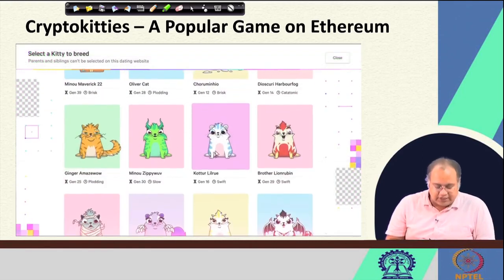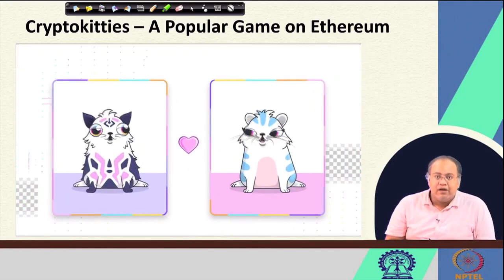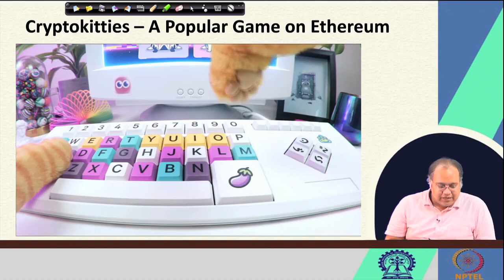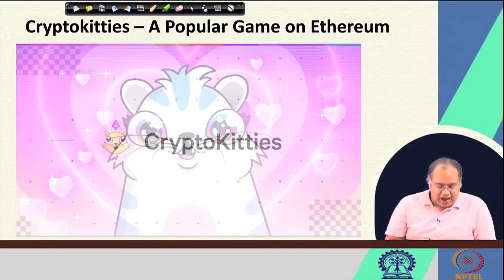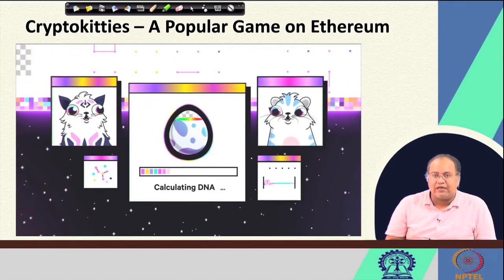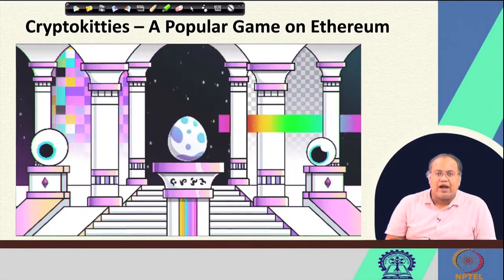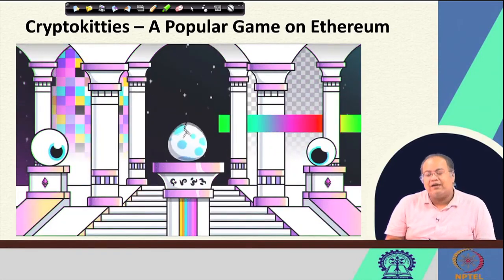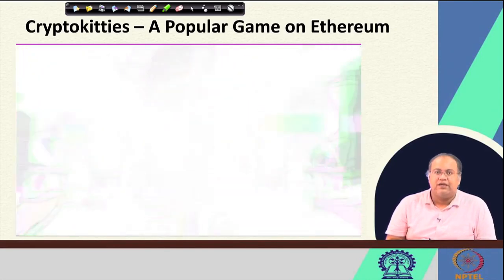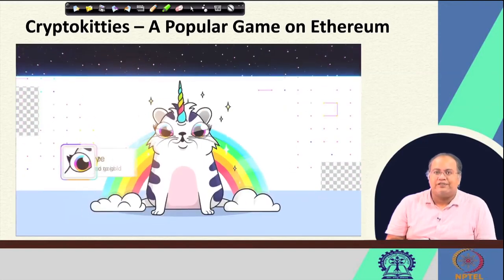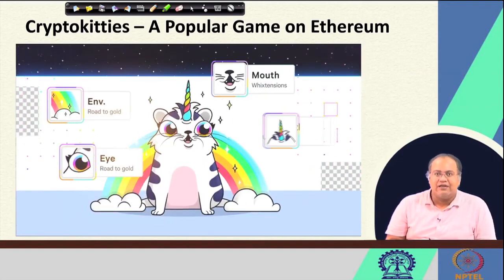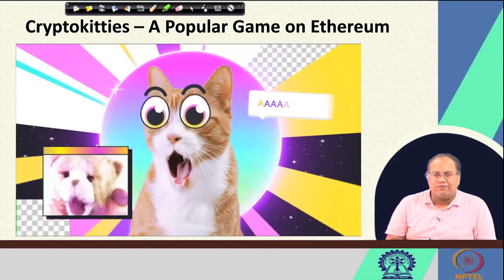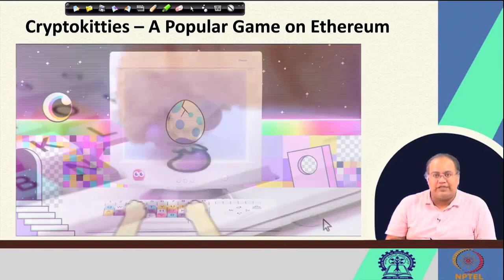CryptoKitties is a game where you can buy kitties or cats, and then you can dress the cat. You can make your cat play with the cats of your friends, and then you can sell a cat, you can buy a cat, and you can do a lot of stuff with these cats.